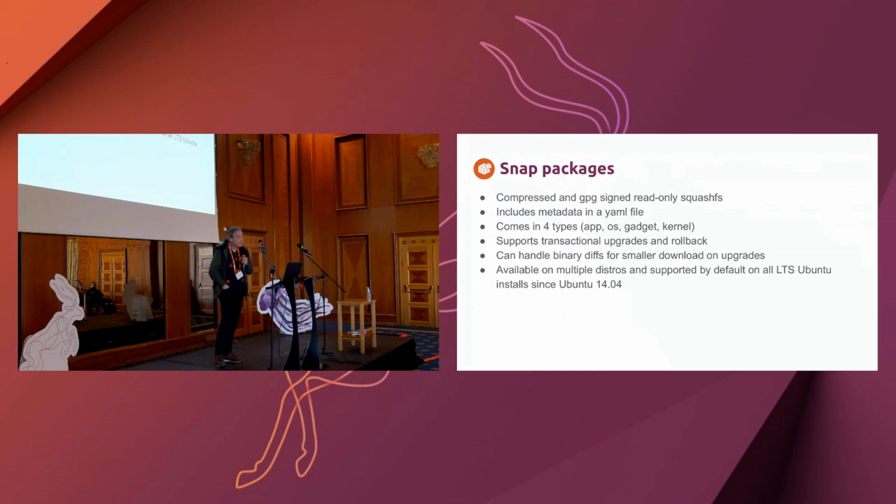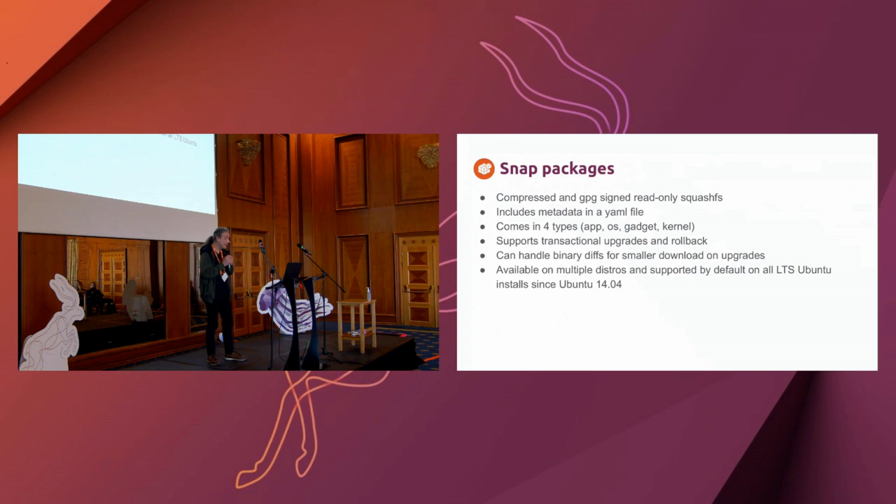There are different types of snap packages. So there's four types of snap packages. You as end users might only get in touch with the apps, but there's others. If you install your snap, you have it actually running on top of a runtime environment.